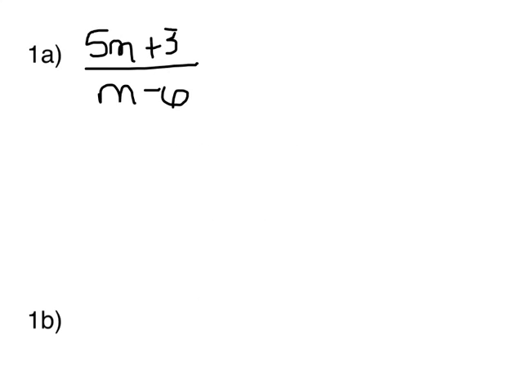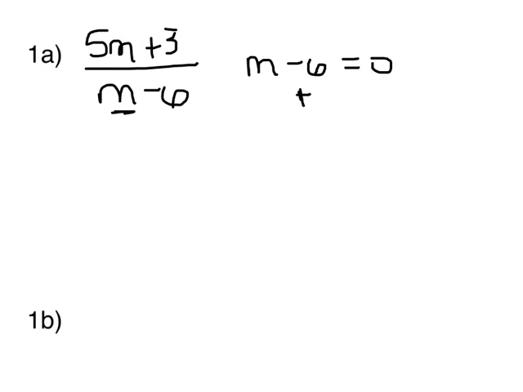In this rational expression, we're looking for the excluded values, or the value for m that would make our denominator 0. So we'll take our denominator of m minus 6 and set it equal to 0.